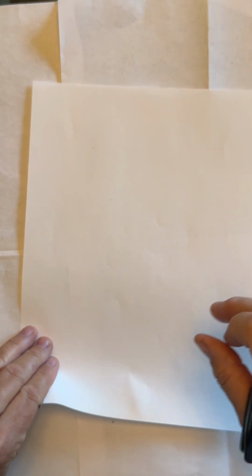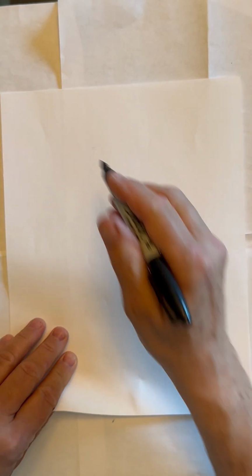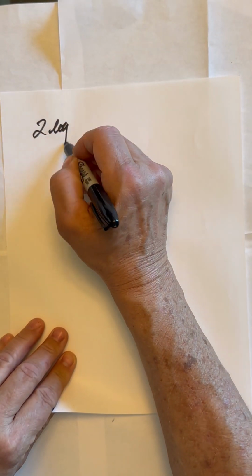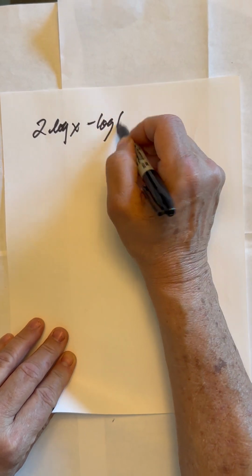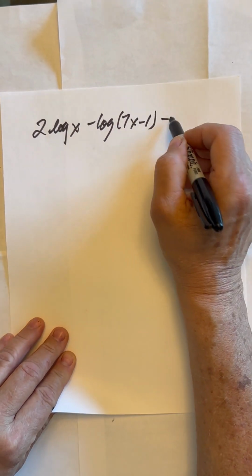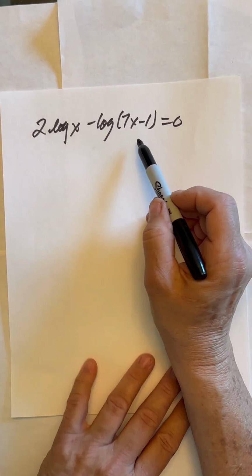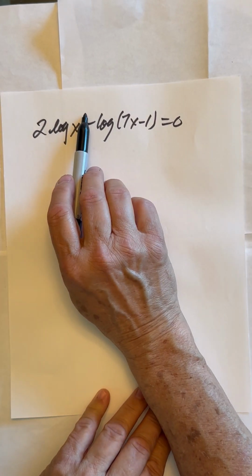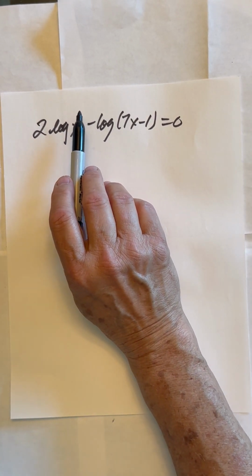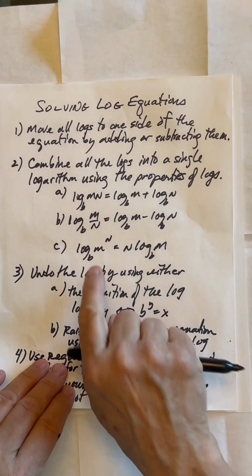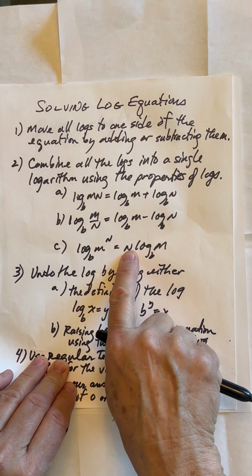And our last example: log x minus log(7x minus 1) equals 0. All right, logs are already on one side. I need to bring this coefficient up, and I need to use property 3 to move that 2 up here.